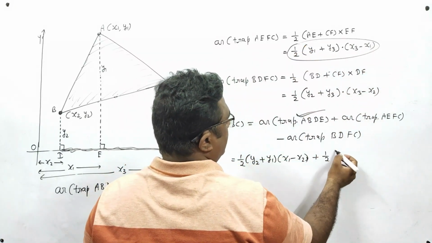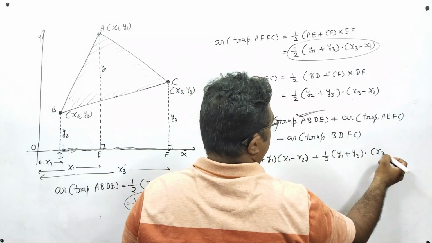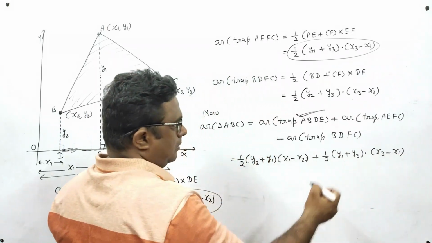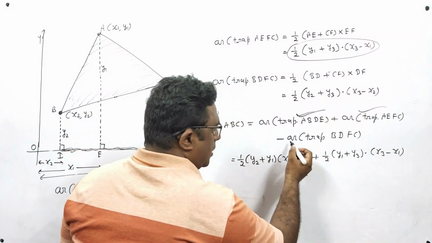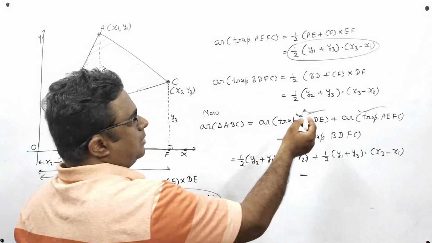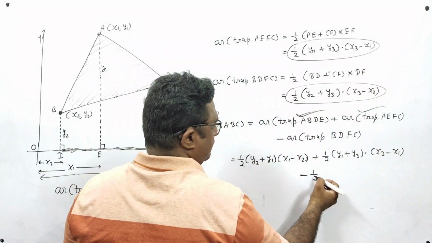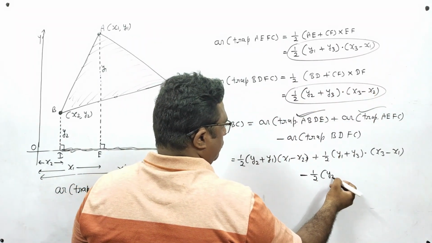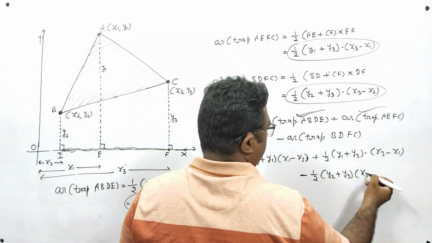So half, y1 plus y3, into x3 minus x1, and a minus sign. The area of trapezium BDFC was this. So half, y2 plus y3, into x3 minus x2.